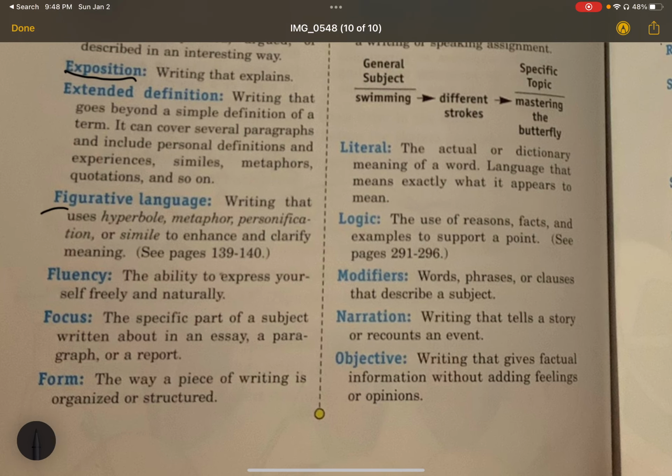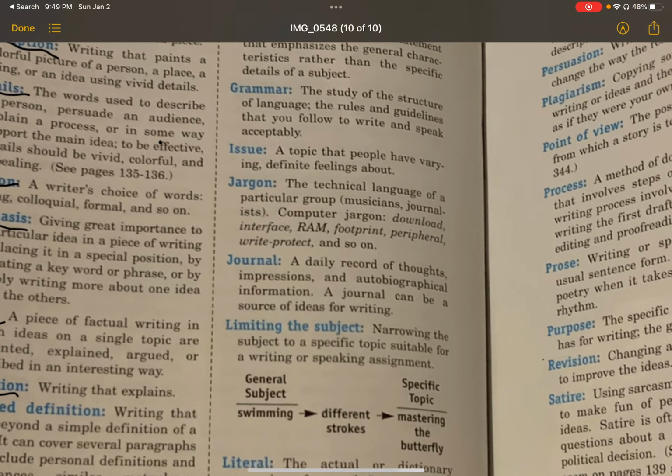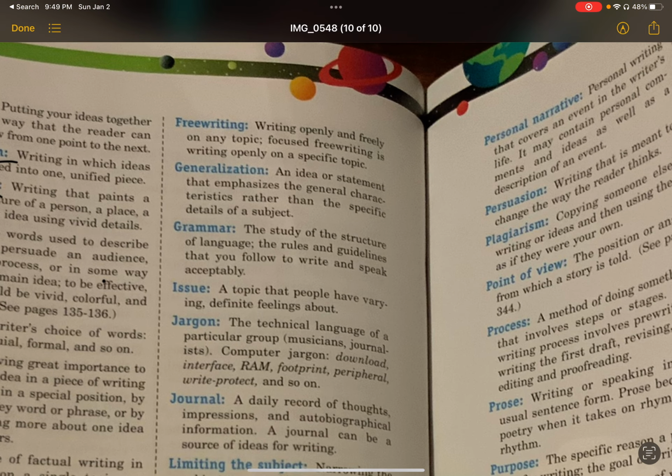Okay, so fluency, the ability to express yourself freely and naturally. Focus, that's obviously the main point or subject or thesis of a piece of writing. The form is the structure, how something's organized. Free writing, sounds like it sounds, writing openly and freely.